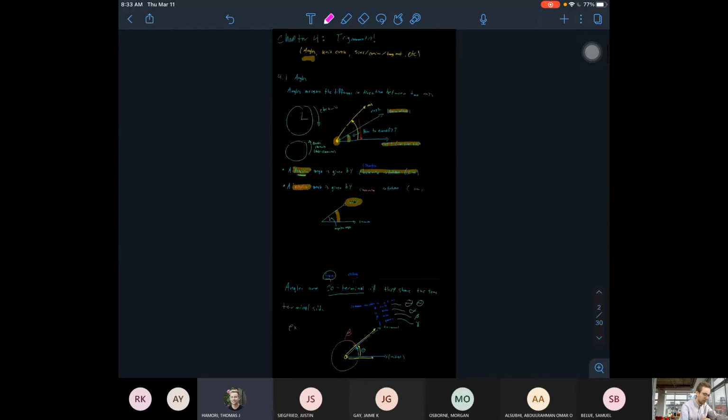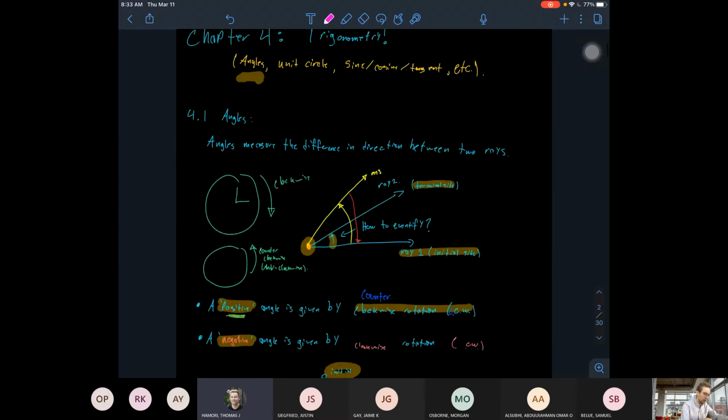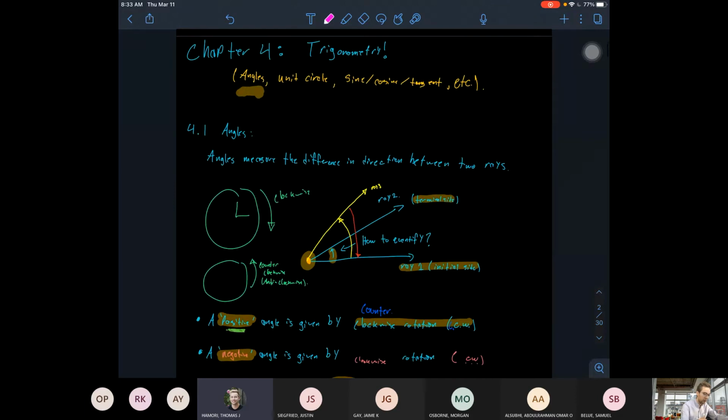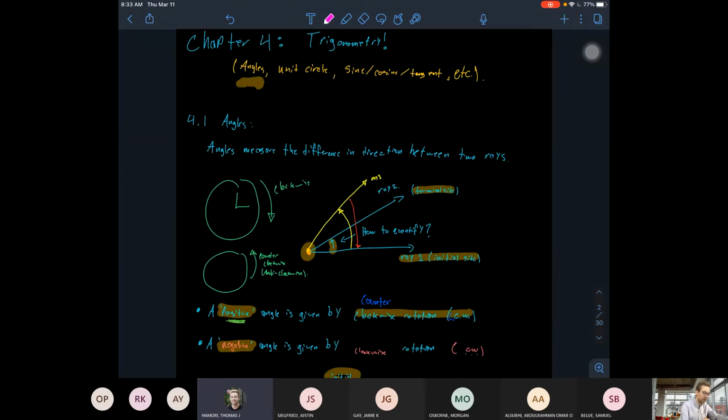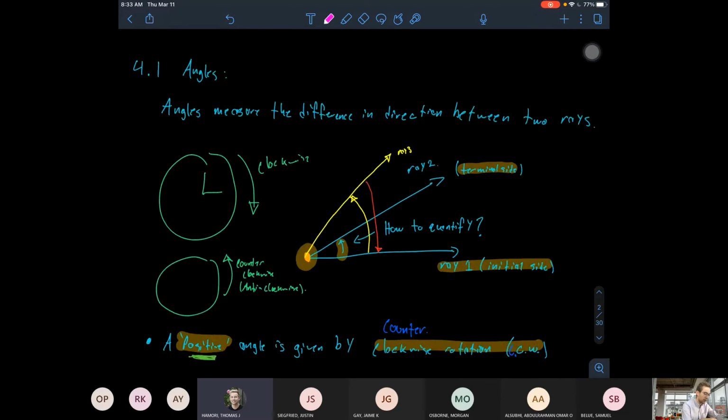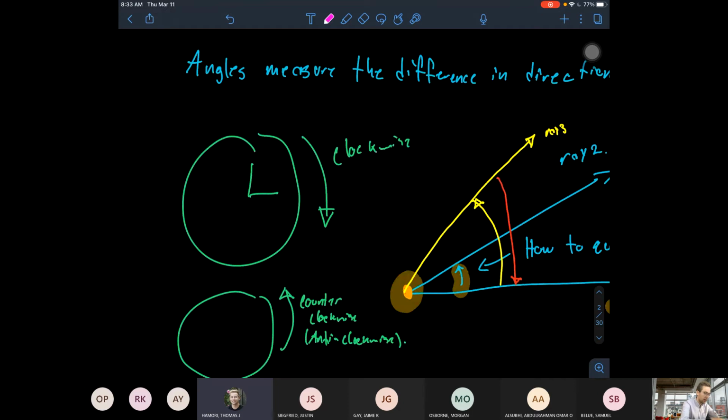So first, let me remind us where we came from. We started this entire unit circle business by first trying to understand what is an angle. Okay, and we decided that an angle was going to be some kind of measurement of the difference in direction between two rays. If you're thinking about a clock, the minute hand is pointing at 12 and the hour hand is pointing at 3.